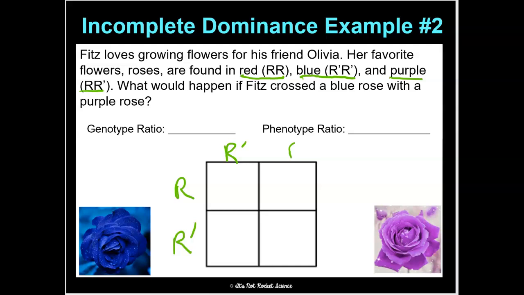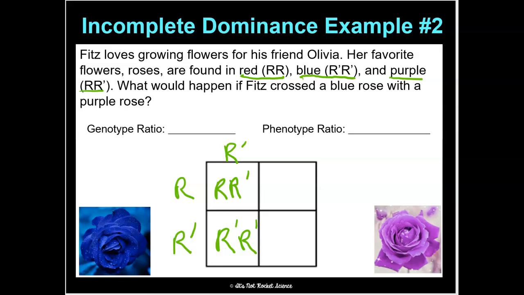And again, you could totally do another one of these all the way down. You'll get exactly the same answer. That's not wrong. Okay, so if I combine, this one will be purple because I have one of each. And this one will be blue because I have two blue alleles.